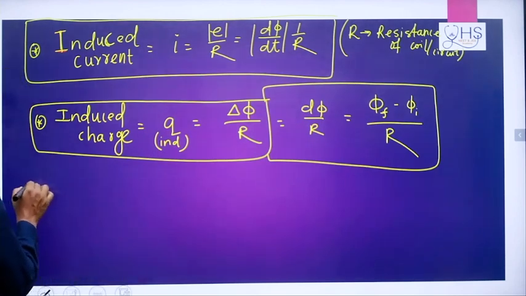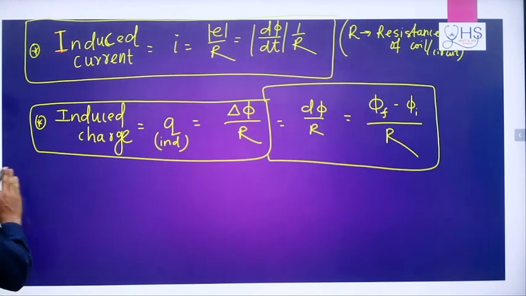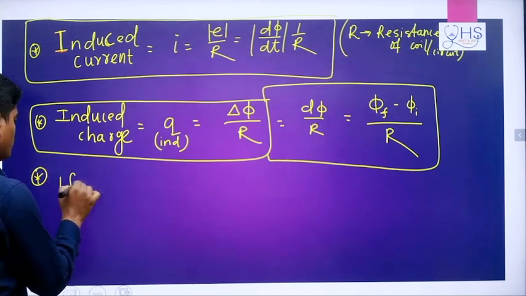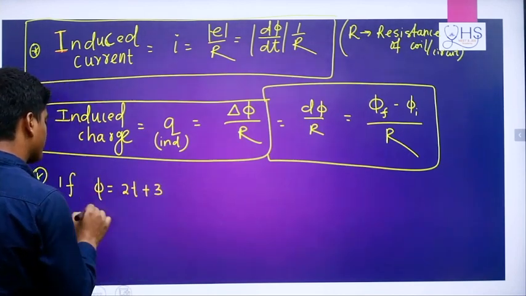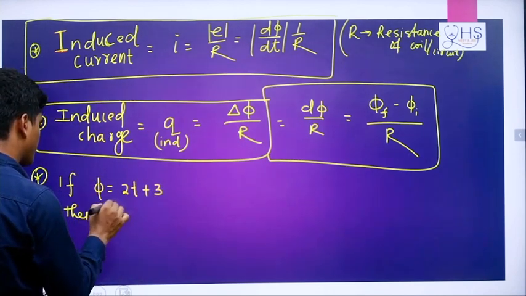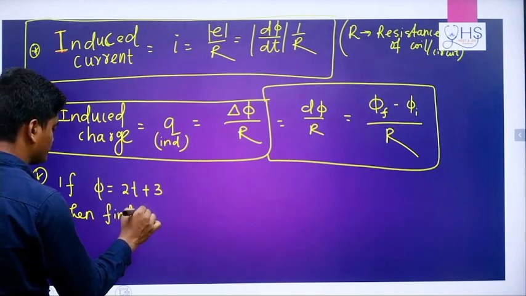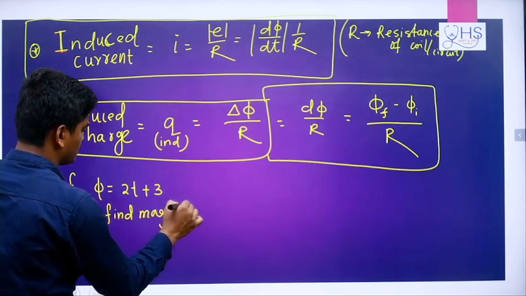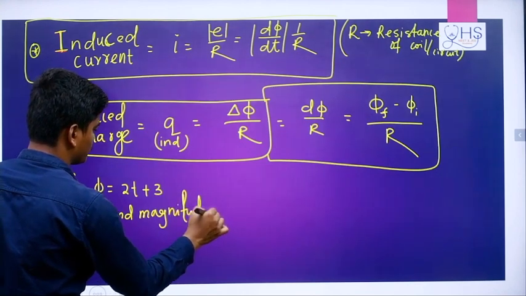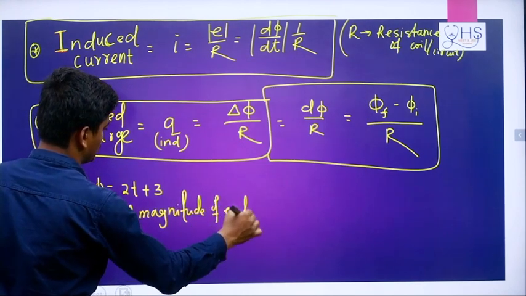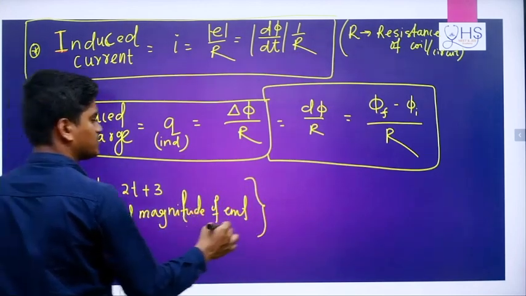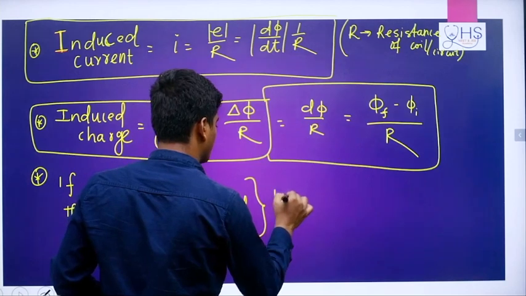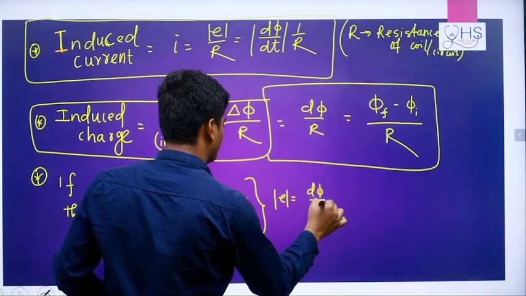Suppose, just for example, it is given like this: if phi equals 2t plus 3, then find the magnitude of EMF. If this type of thing comes, then you take the differentiation. So the magnitude of EMF equals d phi by dt.